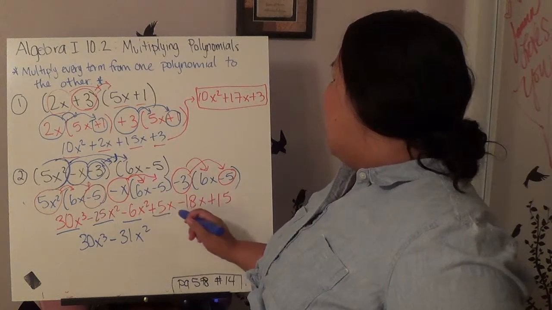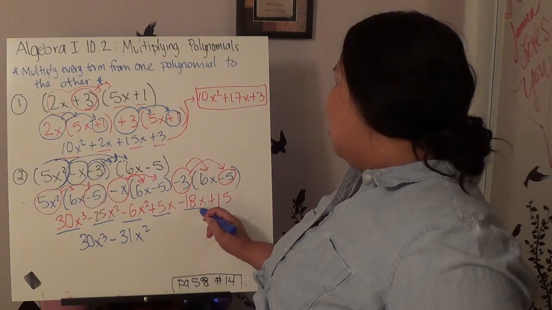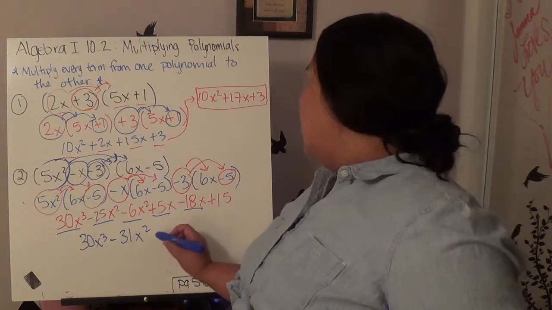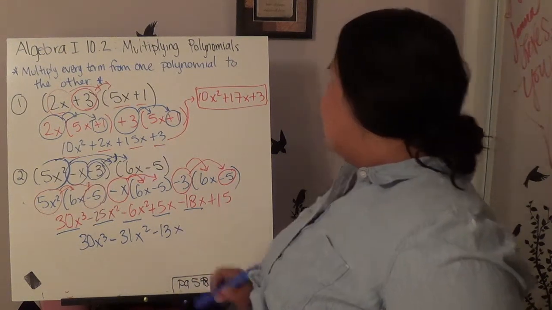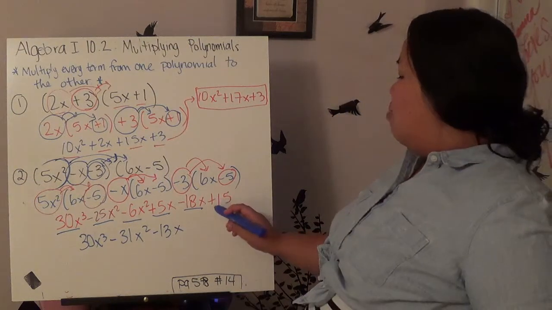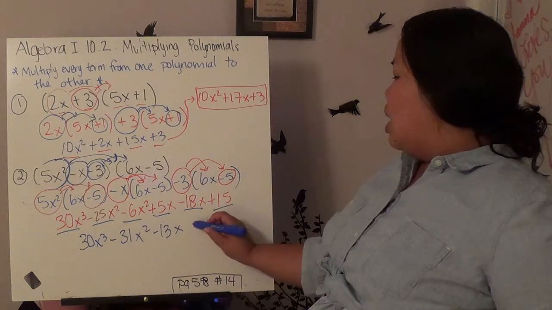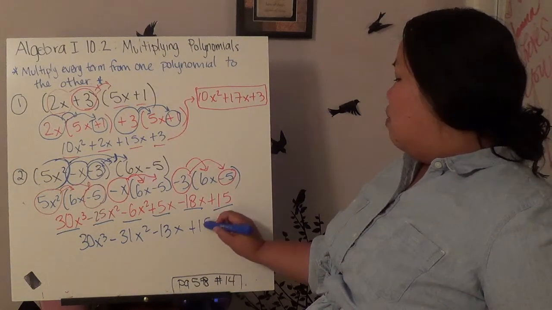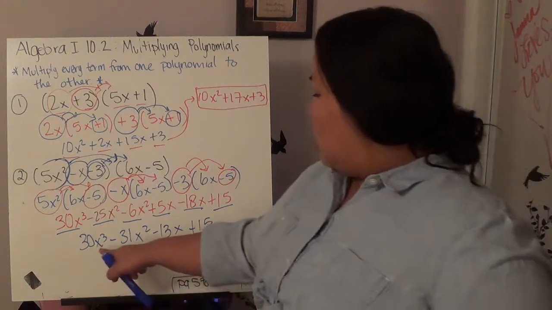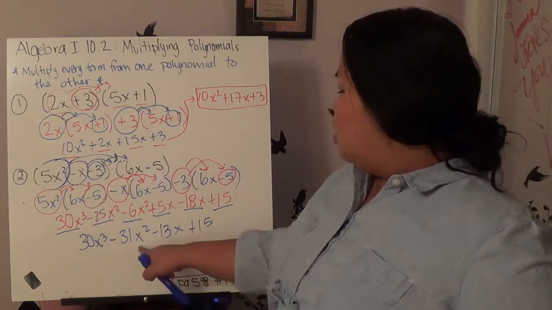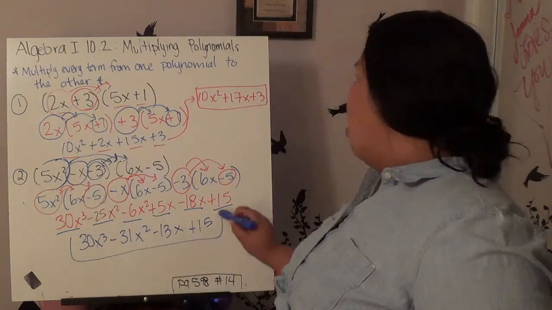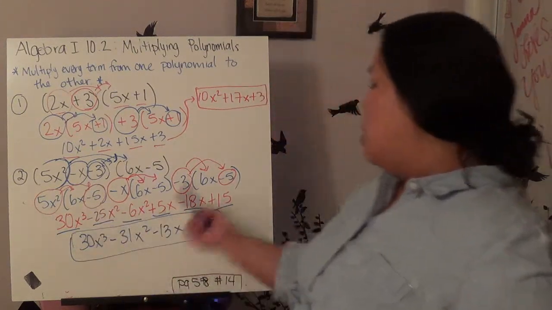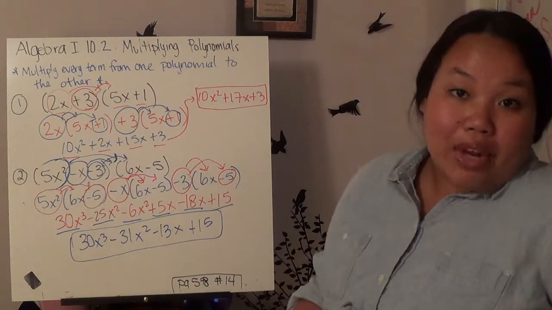And then 5x minus 18x, okay, gives me a negative 13x. And then, since this is by itself, I'm going to bring it down, plus 15. X cubed cannot be combined with anything, x squared can't, x can't, and then 15. So therefore, this is as simplified as it gets because none of them can be combined.